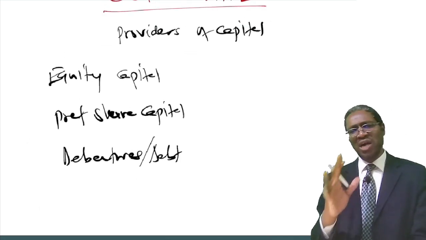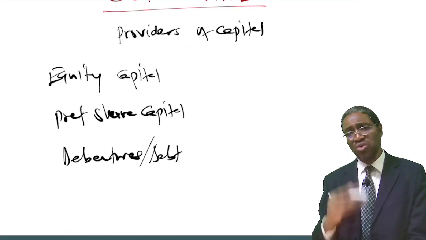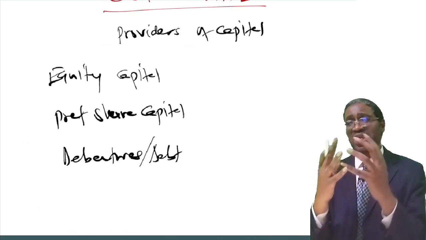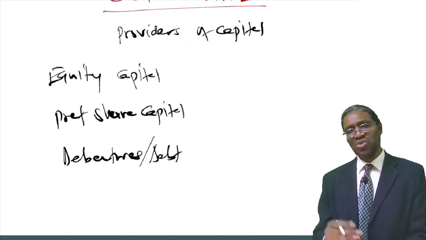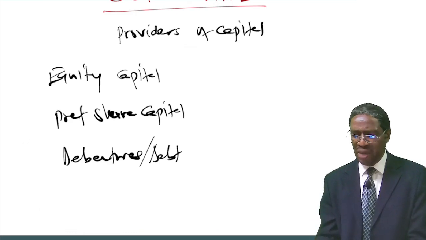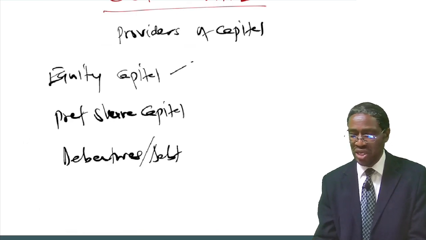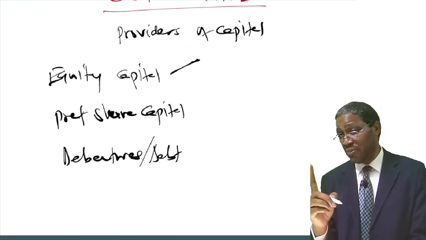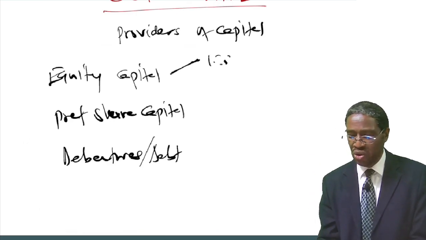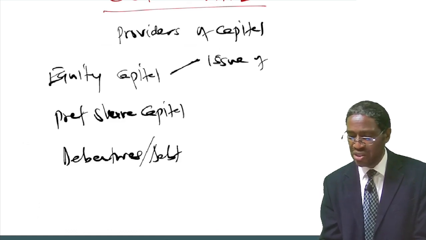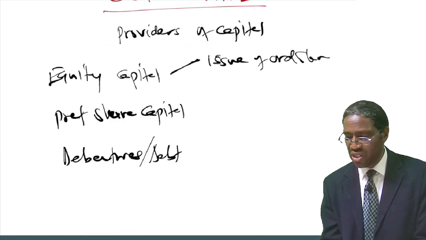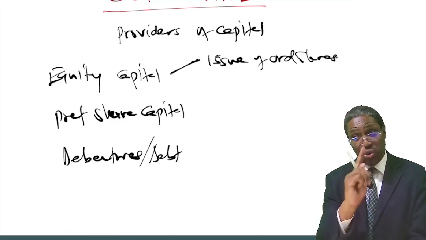Now, when it comes to equity capital, you know equity is anything that belongs to shareholders. So as a company, you may raise capital through equity capital by issuing ordinary shares. That's one way under equity capital.